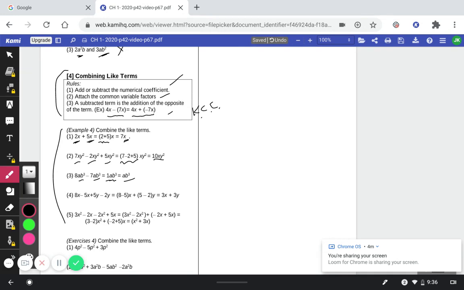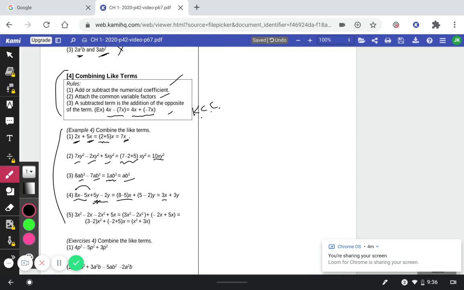How about 8x minus 5x and 5y minus 2y with a plus in between? Well, you can only combine like terms, so you can combine 8x minus 5x, which is 3x.